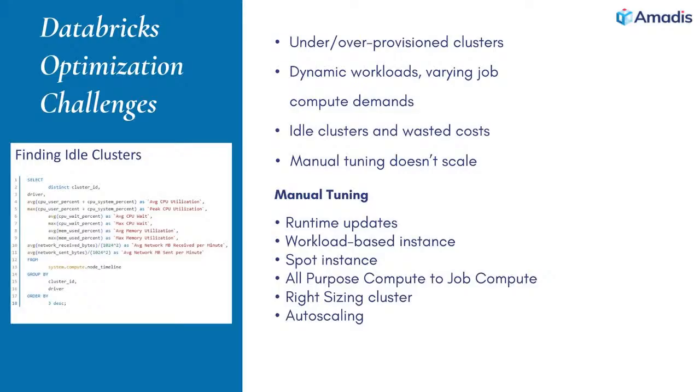These small tunings bring in some sort of cost optimization or well utilized status. Then comes a bit more smart optimization, where once the entire Databricks environment is set up and has been running for a couple of months, we can slowly start looking at a few smart optimizations we can do.